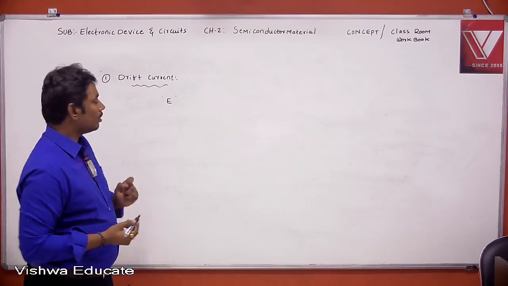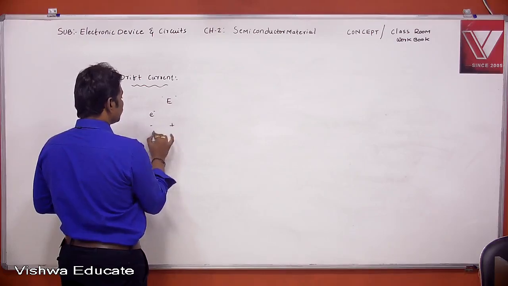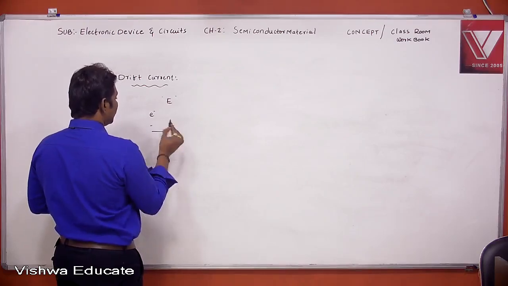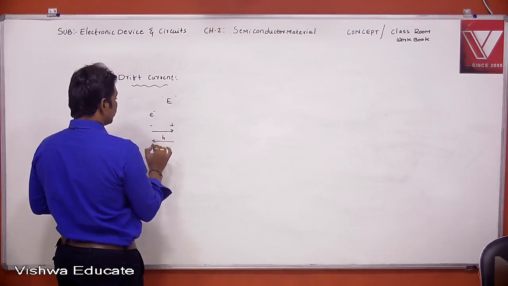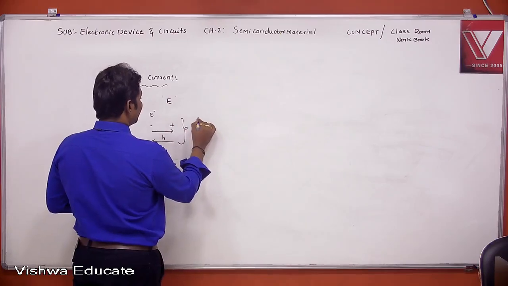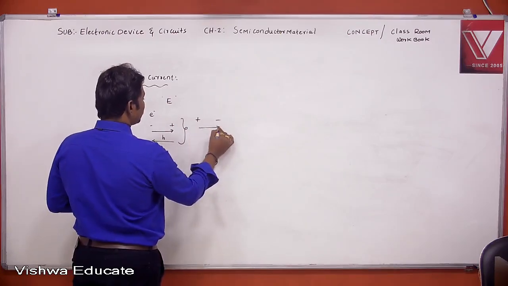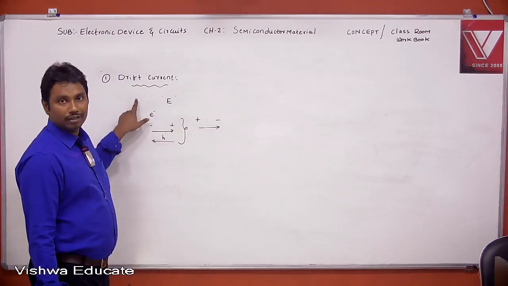Due to this potential difference, electrons are moving from low potential to high potential, and the holes are moving from high potential to low potential, and it can produce a net current from high potential to low potential. That current is called drift current.